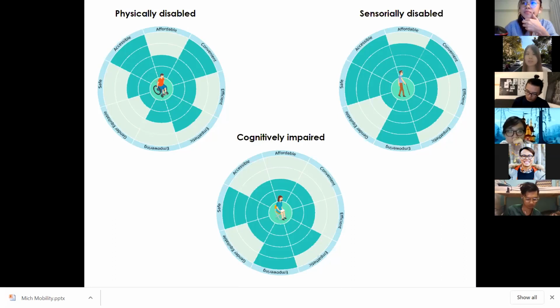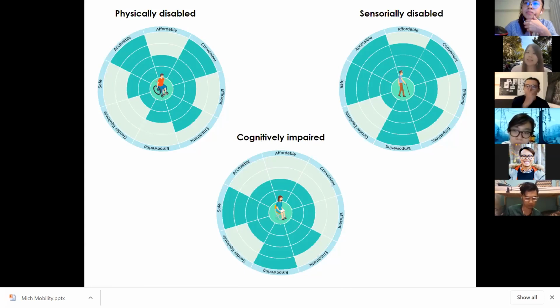But as you can see, people who suffer from sensory impairment are much more vulnerable than people who suffer from physical impairment. And there are also some users whose impairments we can't observe from their appearance, such as people who suffer from mental illness or autism. So we need to acknowledge that these users are public transport users as well, and we need to take care of them.